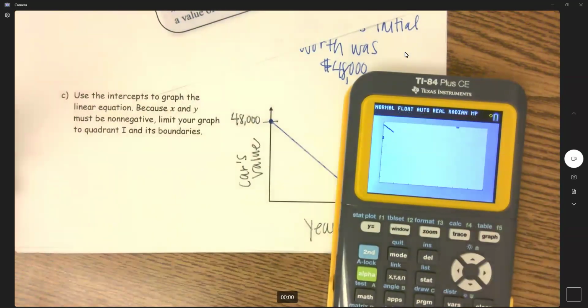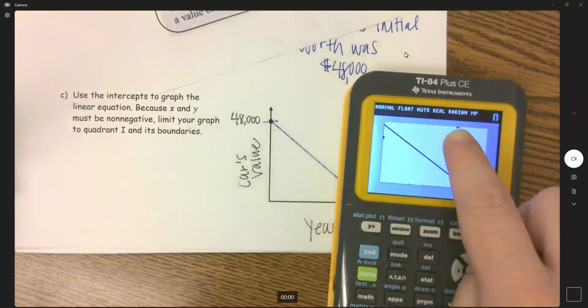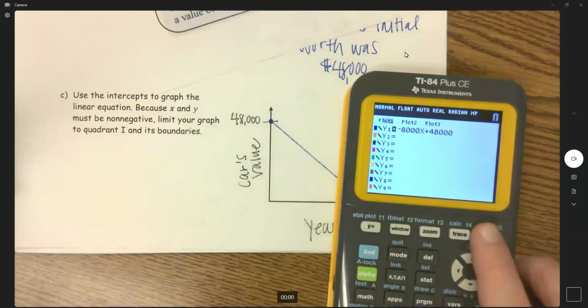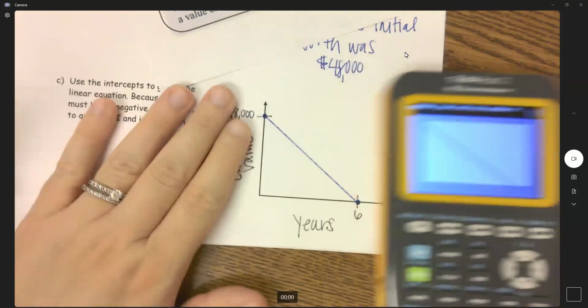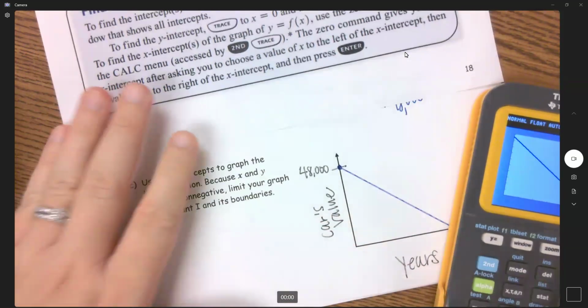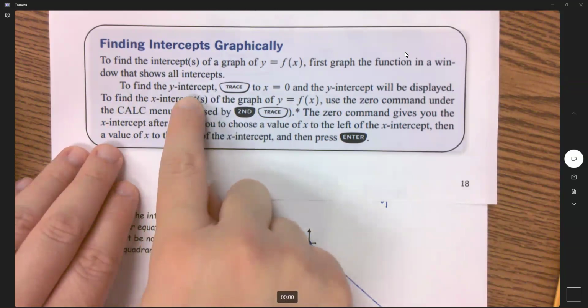Scale doesn't really matter, but there's my graph right there. Okay, and I can still see I have some of those scatter plots, so I'm going to go up here and turn that Plot 1 off. There we go. Okay, so the line matches.